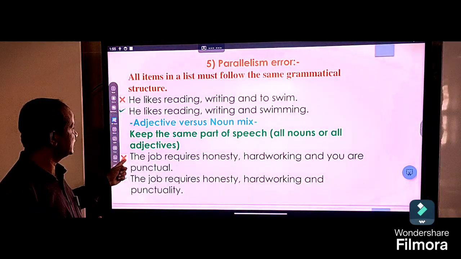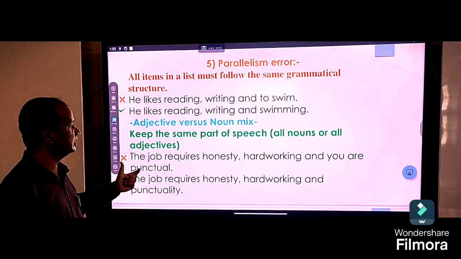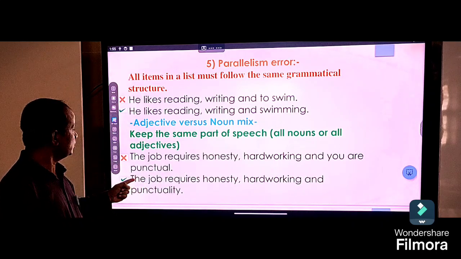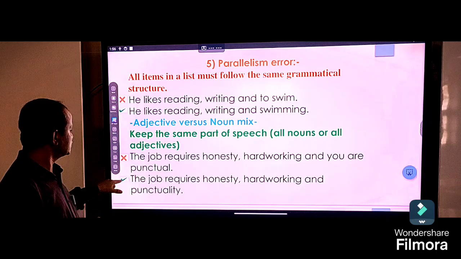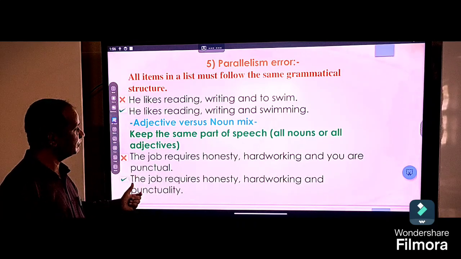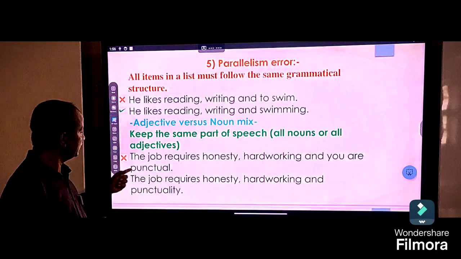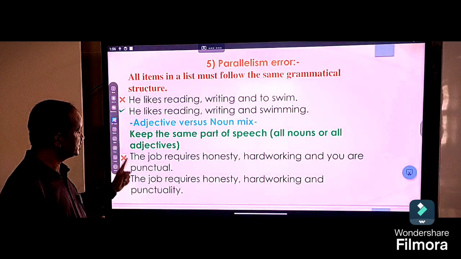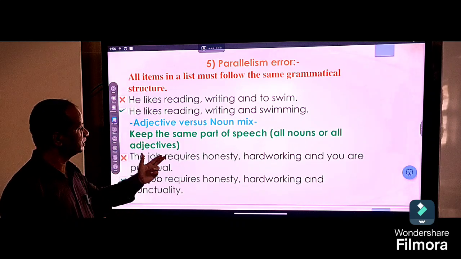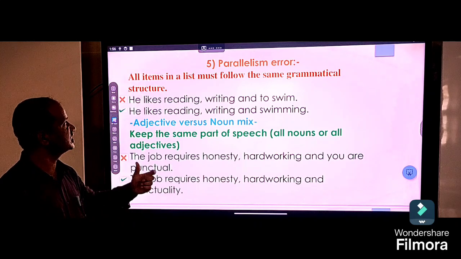For example: "The job requires honesty, hardworking, and you are punctual." Here, honesty is a noun and hardworking is an adjective. While correcting, the statement will be: "The job requires honesty, hardworking, and punctuality." Not "you are punctual". It should be given in one consistent form, because the earlier ones are of one type and the latter one should match.